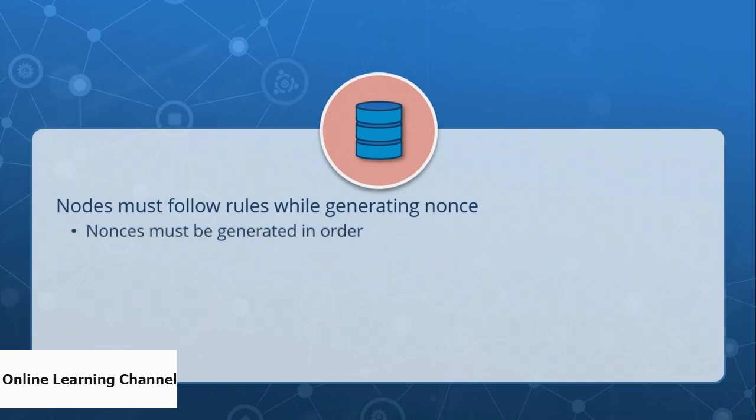A new nonce value cannot be less than any of the previous nonce values. In addition, when the nonce is incremented, it must be in unit increments. So a nonce value of x should be followed by a nonce value of x plus 1 and then by x plus 2 and so on. Just to reiterate, this nonce value serves as a serial number or a transaction counter for the transactions originating from an account.